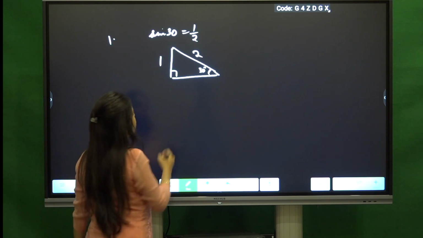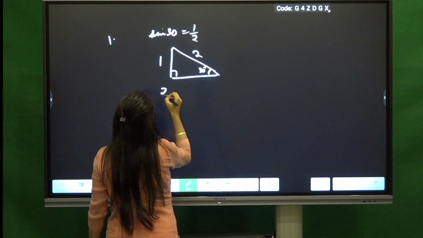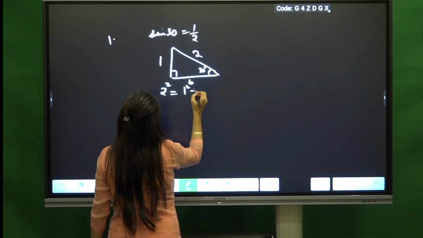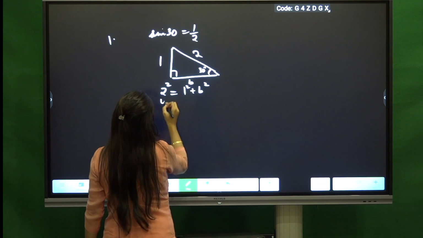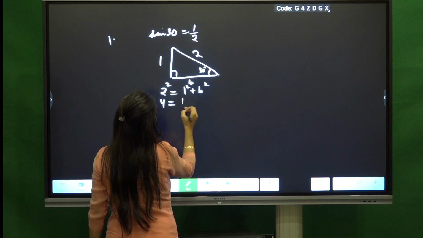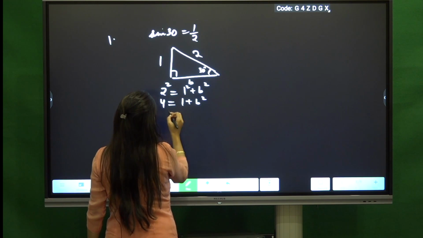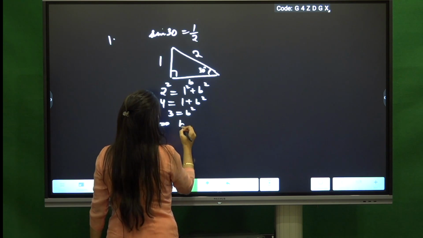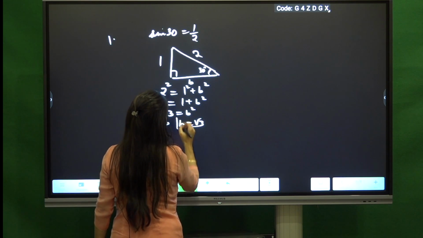With the help of Pythagoras theorem, the base will be, 4 is equal to 1 plus b square. This is 3 is equal to b square. So b is root 3.